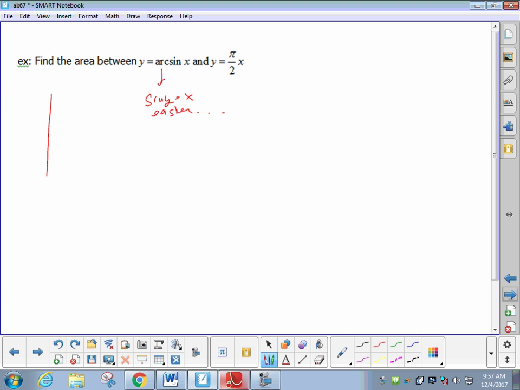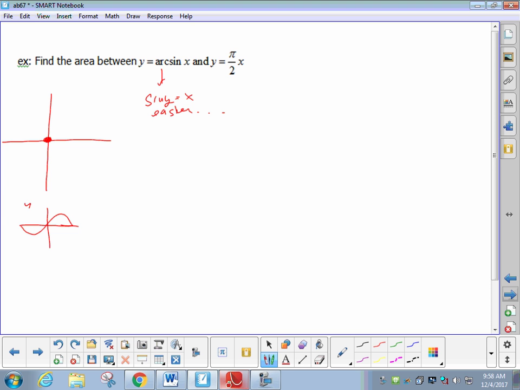Please tell me, even if it's a lie, that you can graph y equals arc sine of x. You can. All right. Can you just picture it, or do you need to sketch a little sine and then invert the points? Give me some points on y equals arc sine of x. The softest one is 0, 0, right?